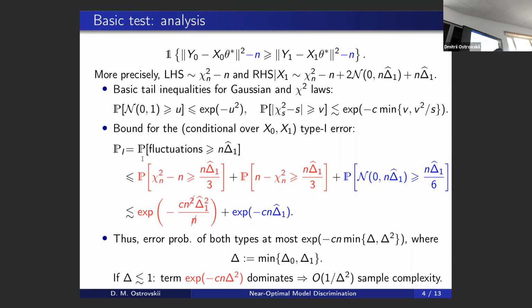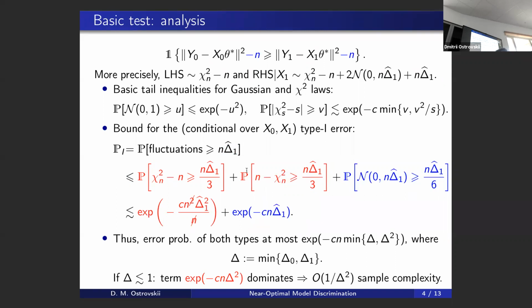The error of the first type is when we accept 1 when actually H0 held. In other words, when fluctuations are bigger than n delta 1 hat. If I split the n delta 1 hat into three parts, I have the chi-square fluctuations of the right tail, then the left tail of chi-square, and then the Gaussian guy.